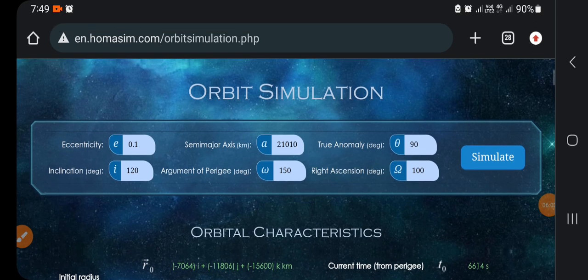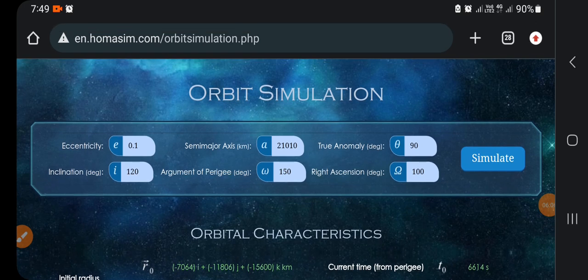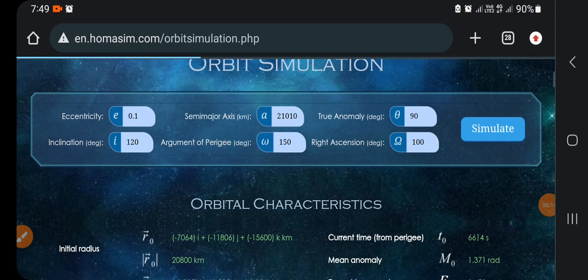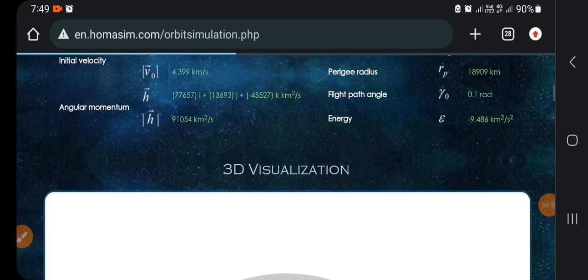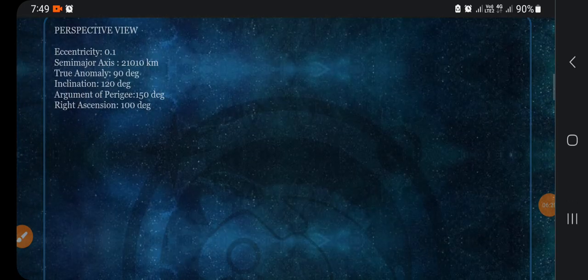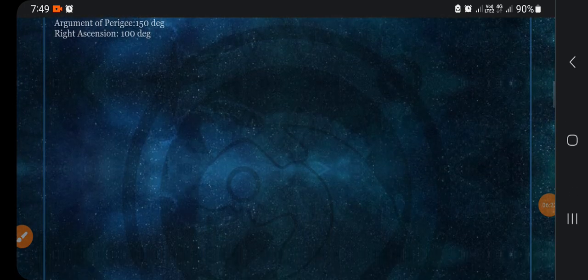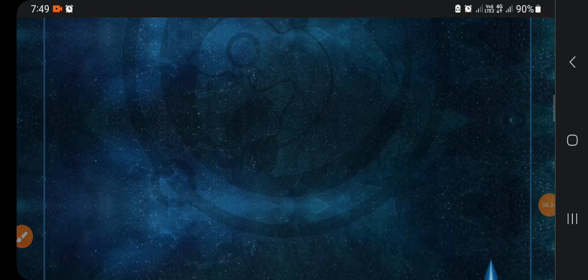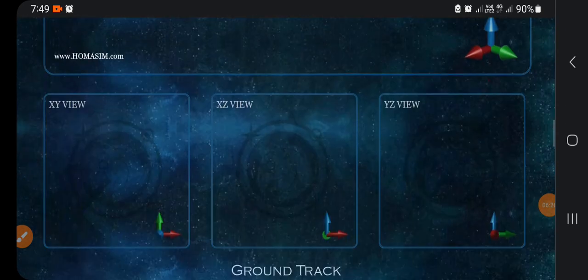Now we are going to simulate with these parameters using some values. Now I am going to simulate this. After simulating, we will receive a 3D visualization. It is going to be placed here. Wait a while, it is loading.